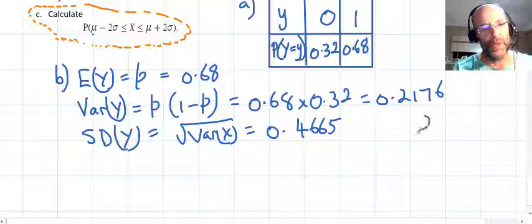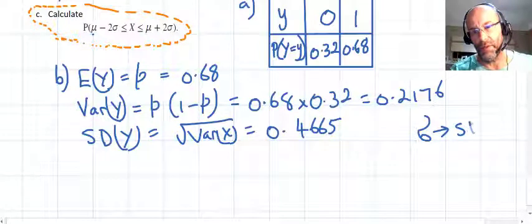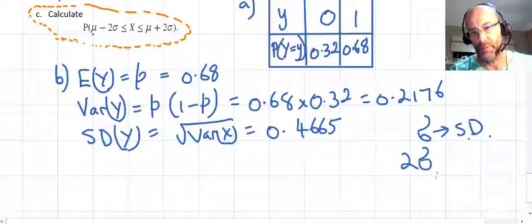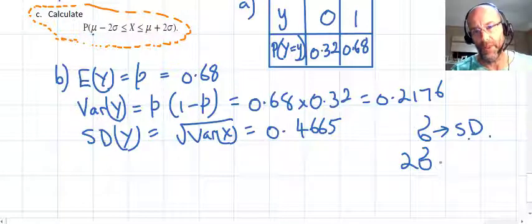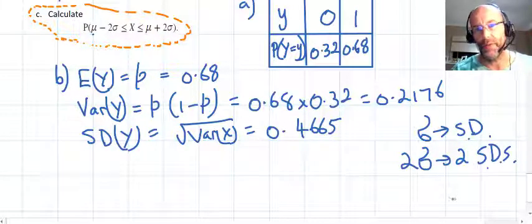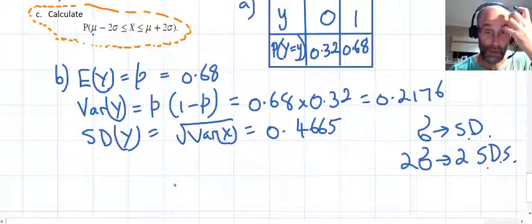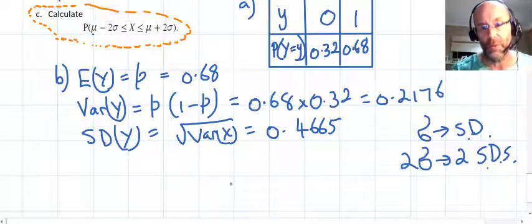Now, sigma is another symbol that relates to standard deviation, and 2 sigma, sigma is a Greek letter by the way, 2 sigma is 2 standard deviations. We talk in terms of that with probability distributions, especially with continuous probability distributions, which is where this stuff is used more, but it is used in discrete as we are now.